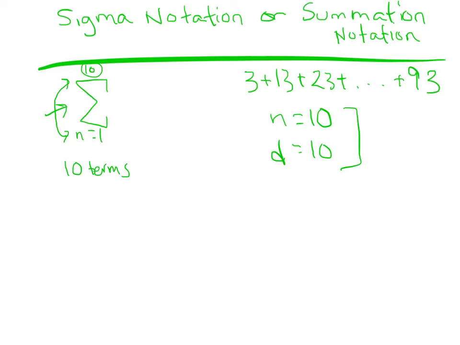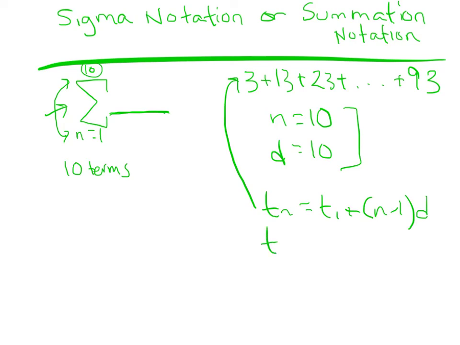Okay. Now, the only other thing we have to fill in is the explicit formula for this sequence. And that's going to go right here. So for our explicit formula for the sequence, that's my term formula. Since it's arithmetic, I'll be using this again. I think I did this on the previous slide, so if you already have it, you don't need to write it again. But our term formula, I would fill in my first term, I would leave n as n, and I would fill in my d as 10.